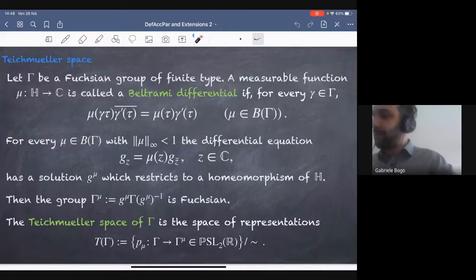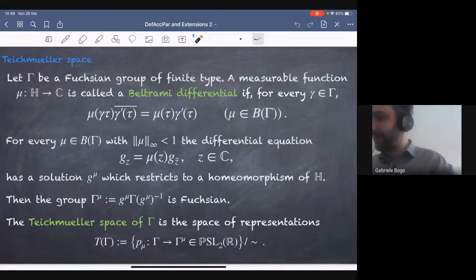We start in this case with a Fuchsian group, so with the surface, with the quotient, and we consider a family of functions associated to this Fuchsian group. These functions are measurable functions. They are complex valued, and they have this transformation behavior with respect to the usual action of the Fuchsian group on the upper half plane.